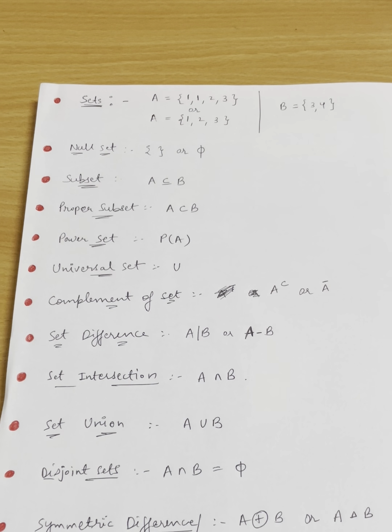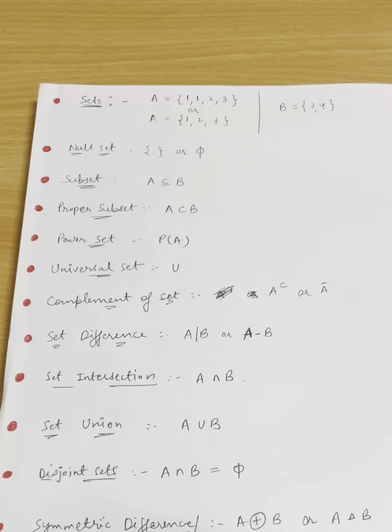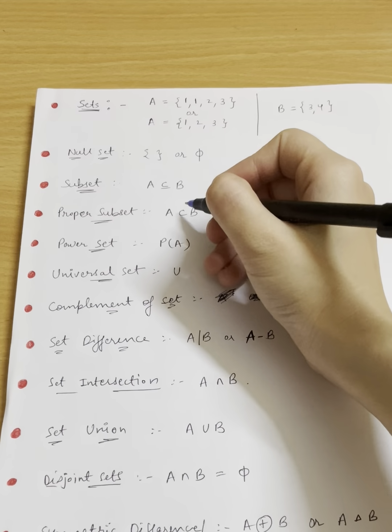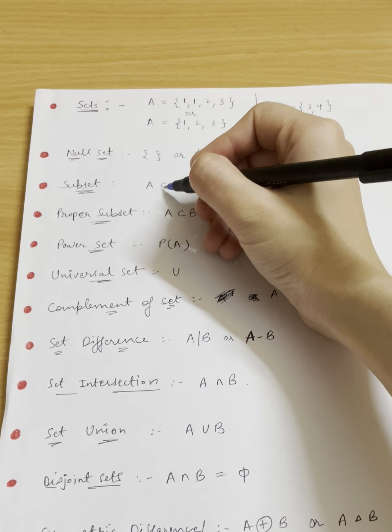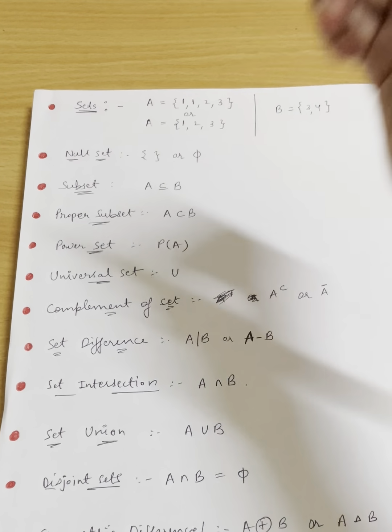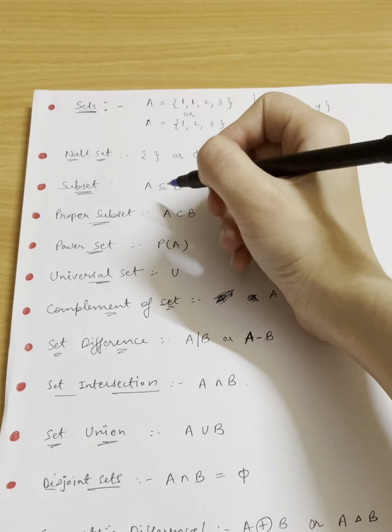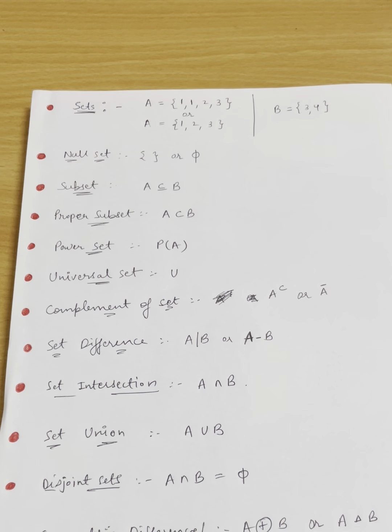The third one is subset. The representation of subset is this symbol, and the representation of proper subset is this symbol, which differs only by the equal sign. You can distinguish them only by the equal sign. So let's take an example of proper subset and subset and see the difference.